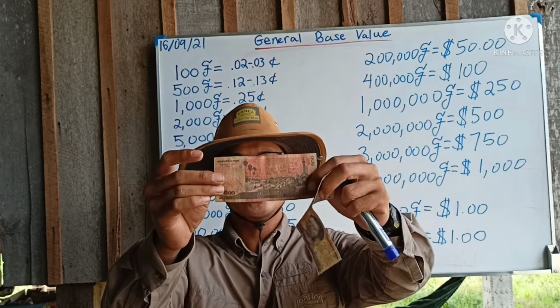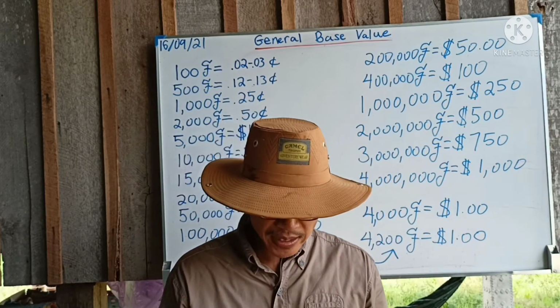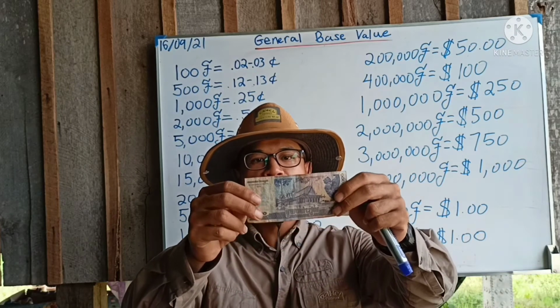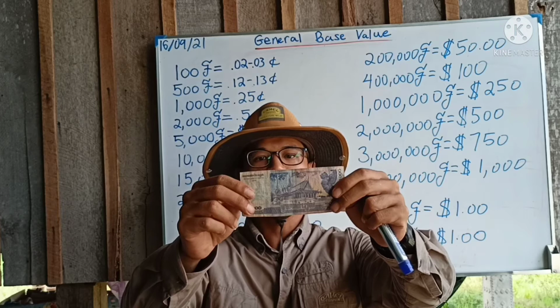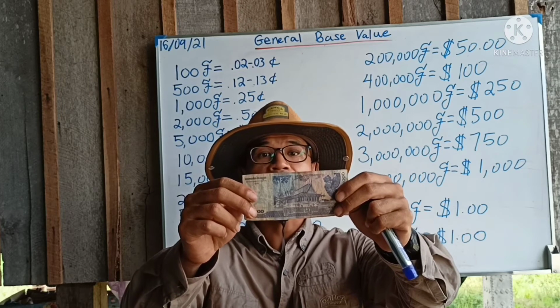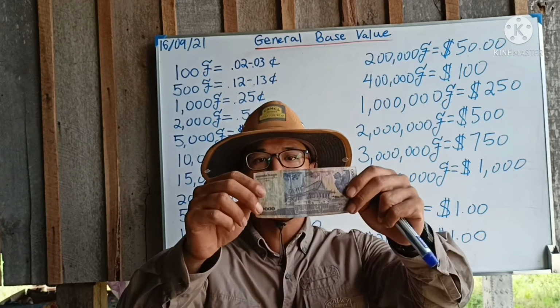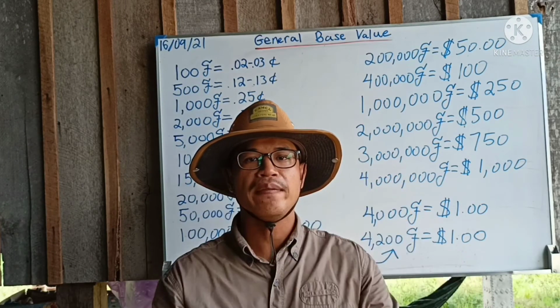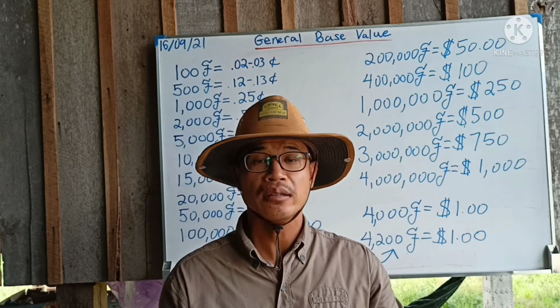The denominations are not equal in size. The 1,000 Khmer real is bigger than the 500 Khmer real. You can actually hide the 500 behind the 1,000. Now, if you are holding the 100,000 Khmer real, it's even bigger.